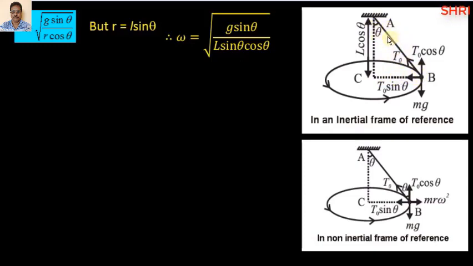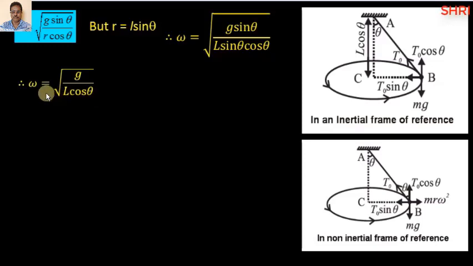From that, r is equal to L sin theta. Writing this value in the equation, we get omega equal to under root g sin theta upon L sin theta into cos theta. Sin theta gets cancelled, and we get the next step.